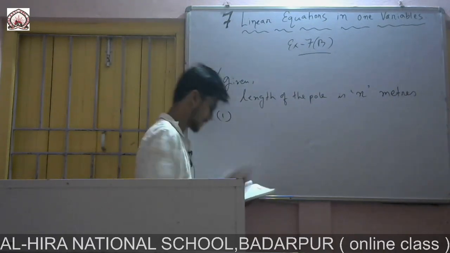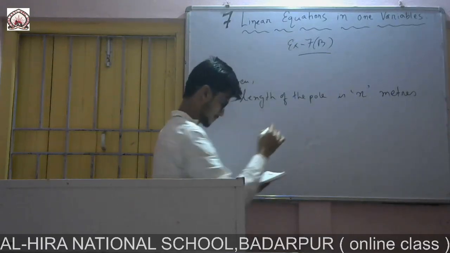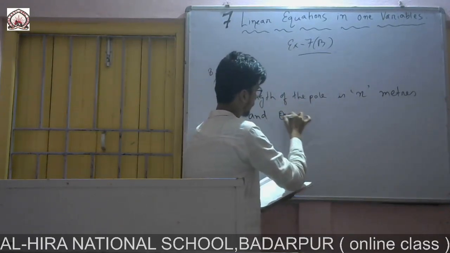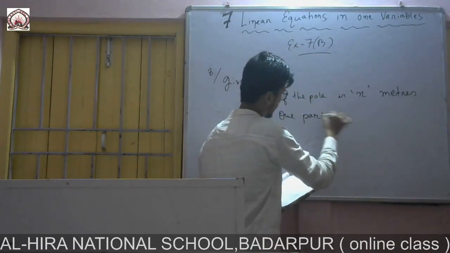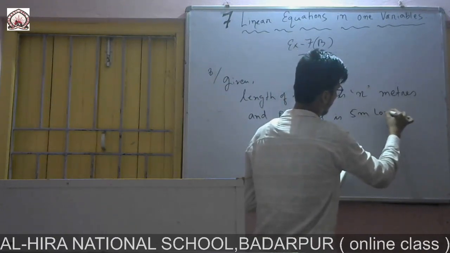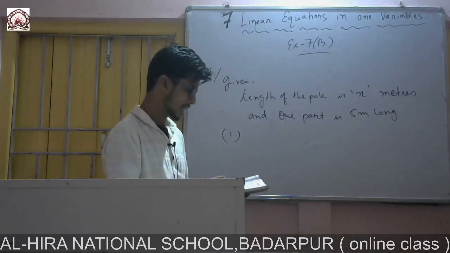So Roman number 1 answer. Okay, you write one part is 5 meter long. Now you write Roman 1. What is the length of the other part?